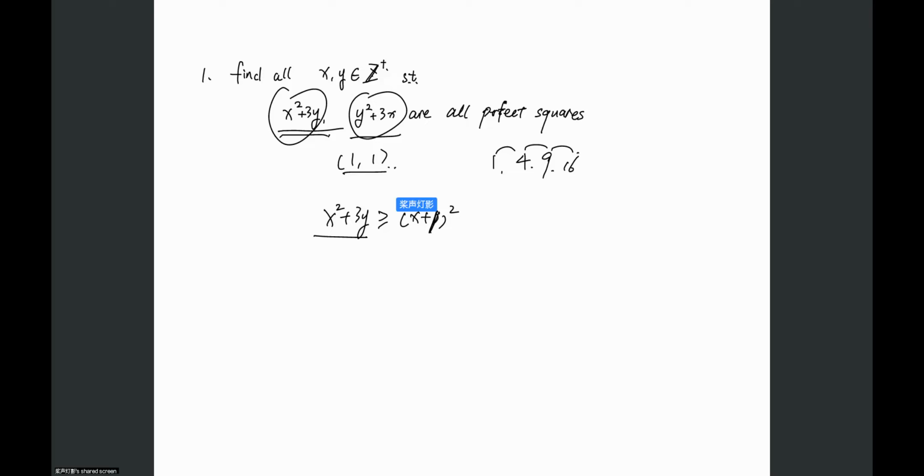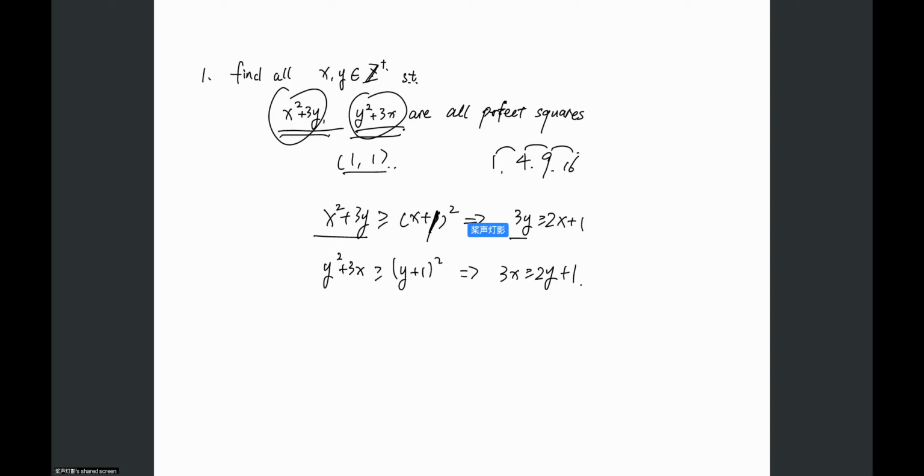Similarly, y squared plus 3x is larger or equal to y plus 1 squared. By the difference of square numbers, 3y is larger or equal to 2x plus 1, and 3x is larger or equal to 2y plus 1.